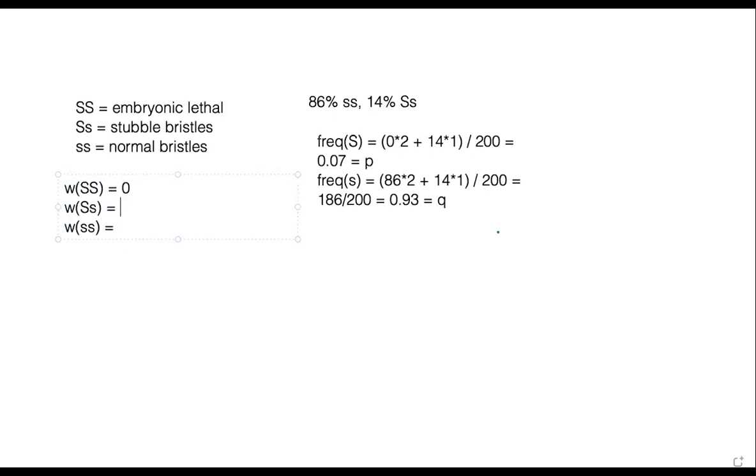Okay, the probability of a big S little s fly surviving is X, and the probability of a little s fly surviving and reproducing is X. That represents the probability of not dying from ordinary causes.